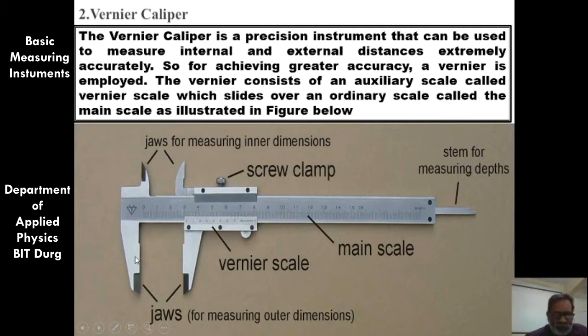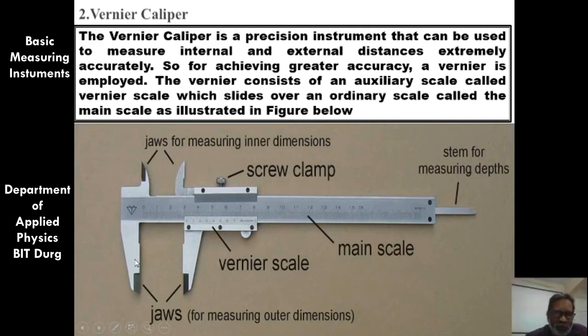Then this vernier scale is having two pairs of jaws. One pair of jaws, this jaw, is used for measuring the outer dimension of the object. This pair of jaws here is used for measuring the inner dimension of the objects, provided that object is hollow. For example, suppose we have a pipe and we want to find the inner diameter of the pipe, then these two jaws can be used.